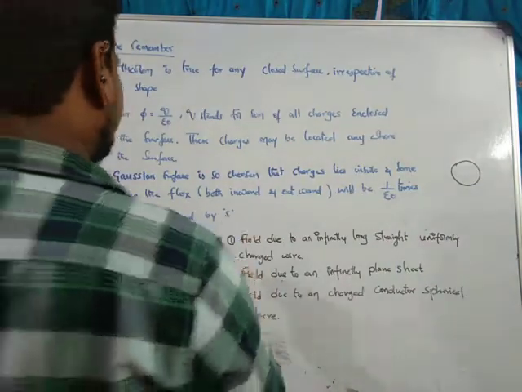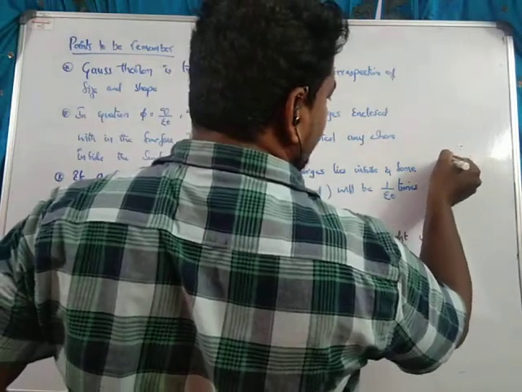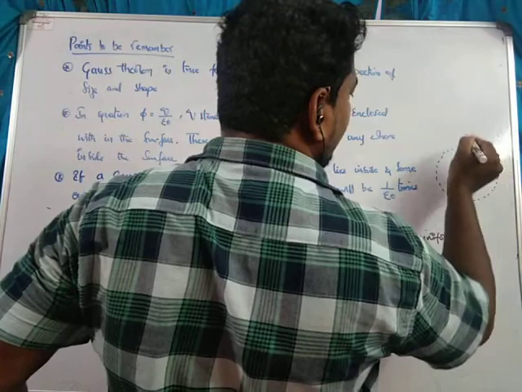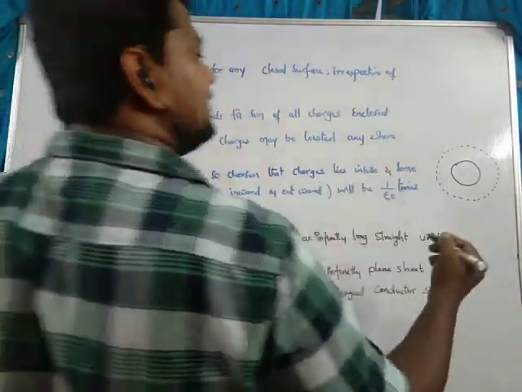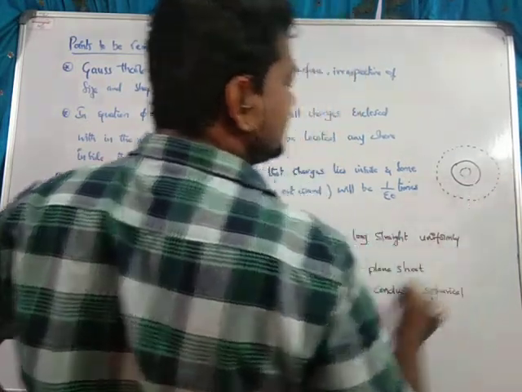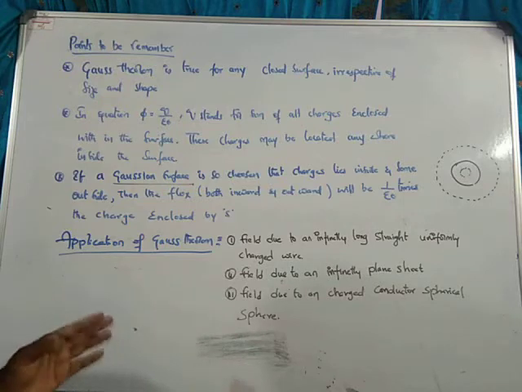Whenever we consider a Gaussian surface, it is an imaginary surface around the point. Either we will consider outside or inside. So if a Gauss surface is so chosen that some charge lies inside and some outside, then the flux is both inward and outward.